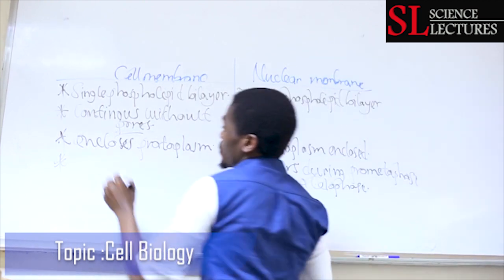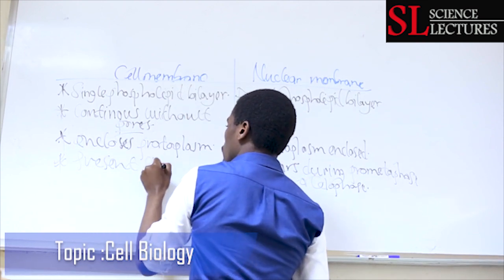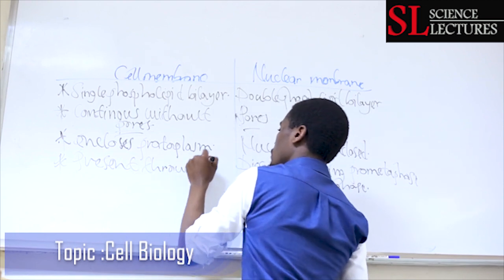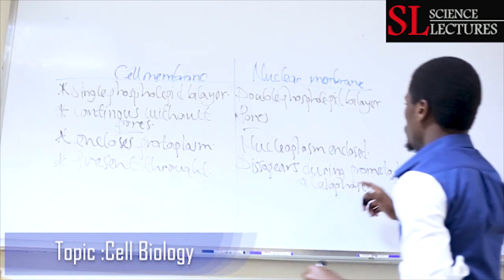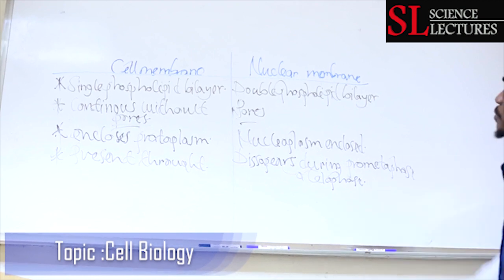The cell membrane is present throughout the life of the cell, throughout the survival of the cell. So this one is always present, but the nuclear membrane disintegrates during cell division.